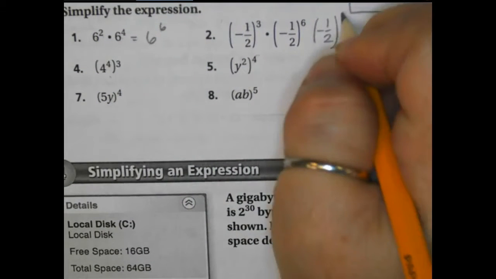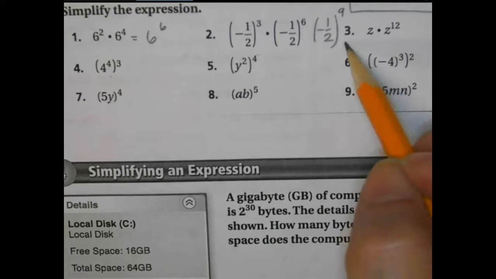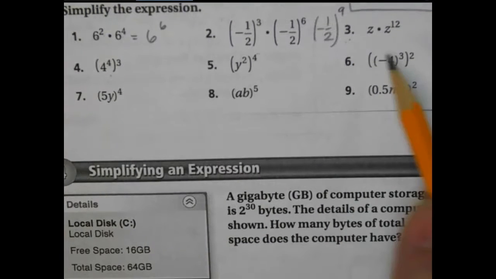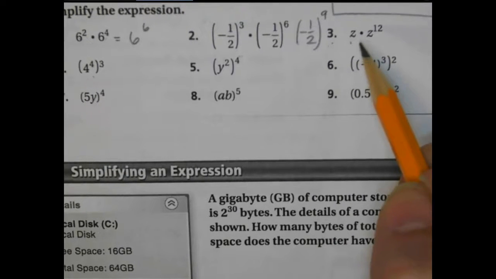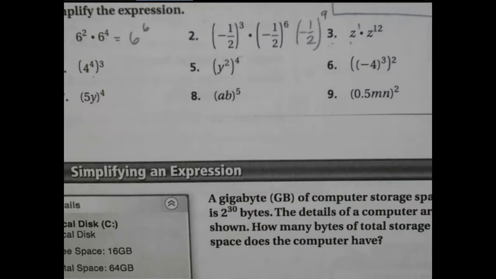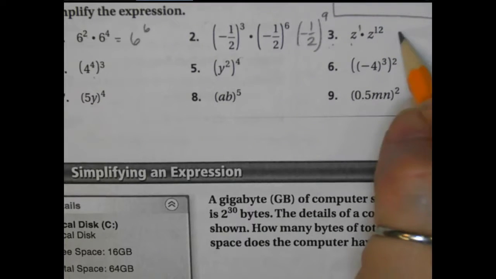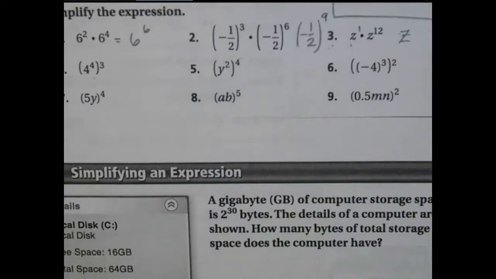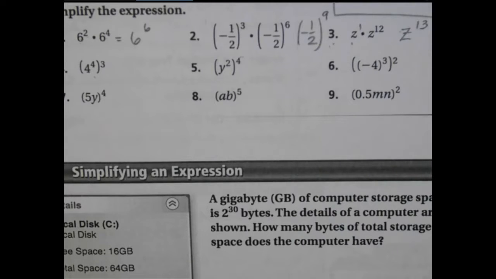To the 9th power. Okay. What about number 3? What is the exponent of this first variable? It's a 1, right? So what is my answer going to be? Z to the what power? 13. Because I'm adding.